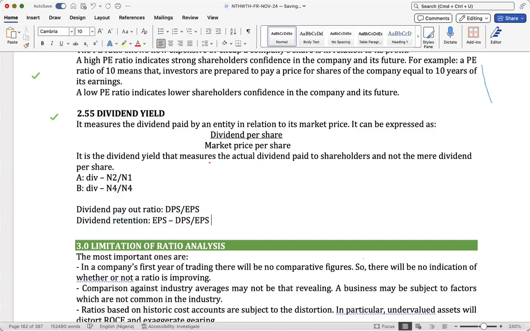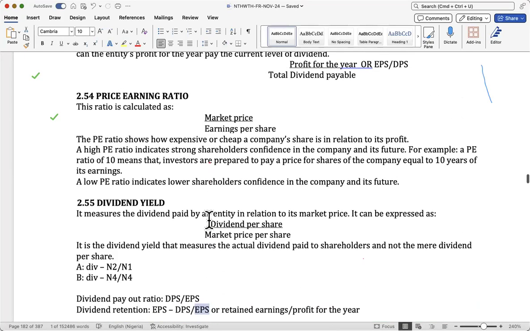Sometimes you can have this as your retained earnings over your profit for the year, or your EPS minus DPS over your EPS. Okay, so those are all the ratios that you would need to know for your exam.